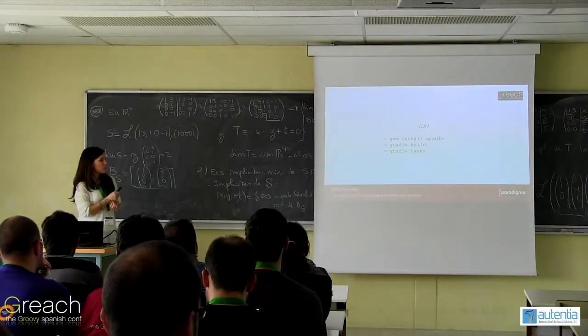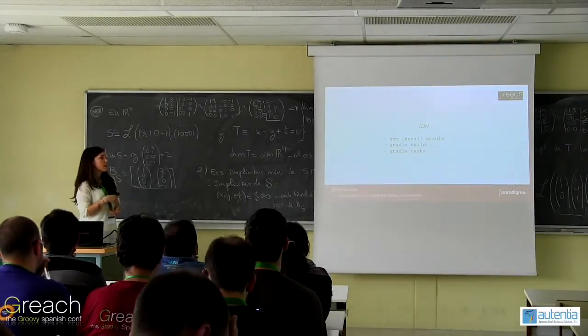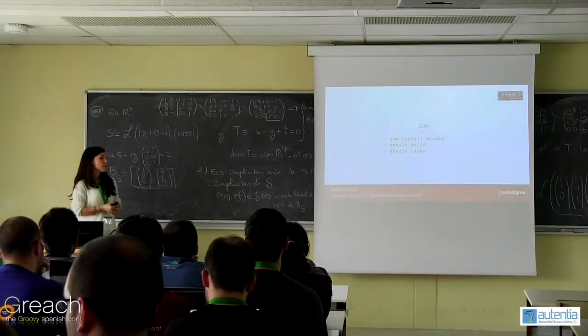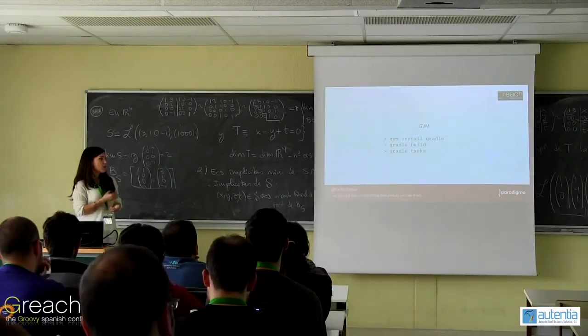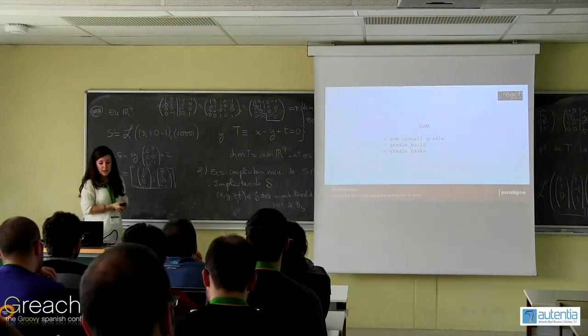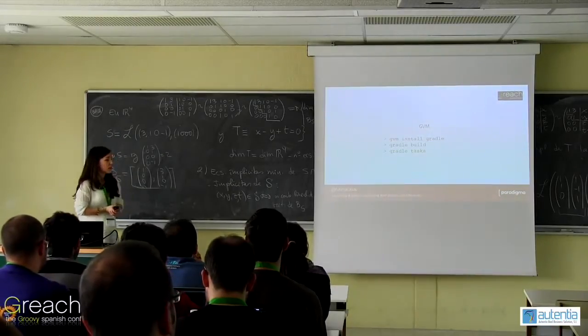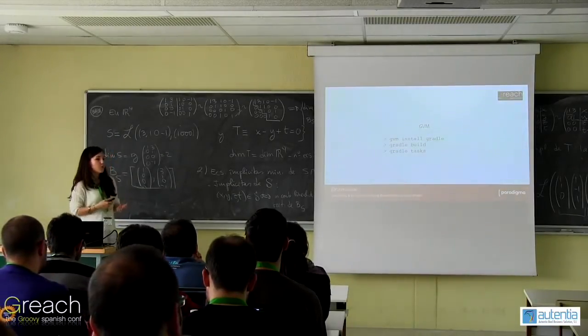We only need to type gvm install gradle, and once you have installed it and you create the build.gradle file, you only need to type gradle build, and this compiles, tests, and assembles the project in a jar file.